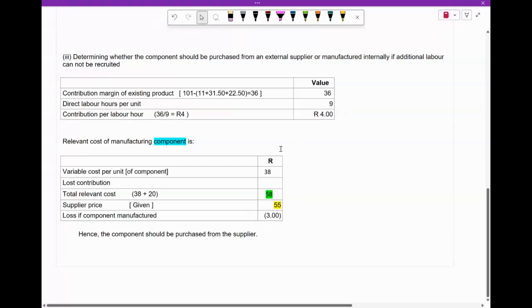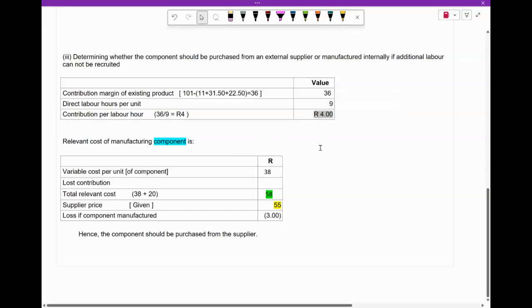So we then say, what is the contribution per limiting factor, or per direct labor hour? You've got your 36 divided by 9, and that's obviously giving you this 4 Rand here.